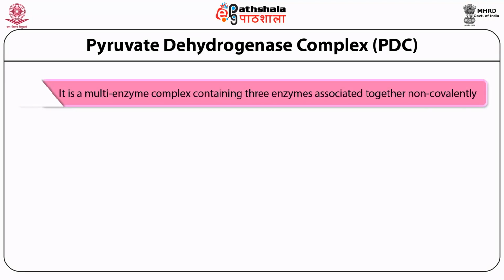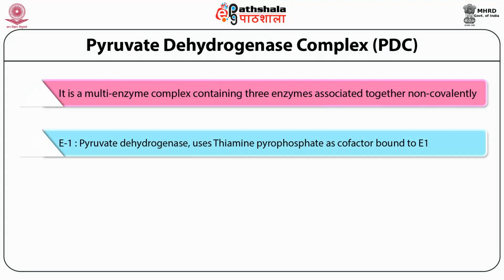It is a multi-enzyme complex containing 3 enzymes associated together non-covalently. Enzyme 1, pyruvate dehydrogenase, uses thiamine pyrophosphate as a cofactor bound to the enzyme.